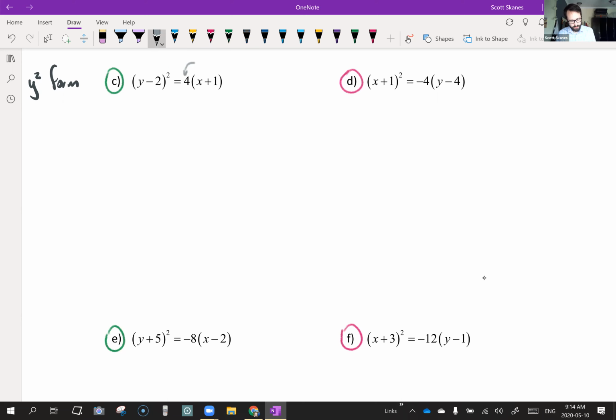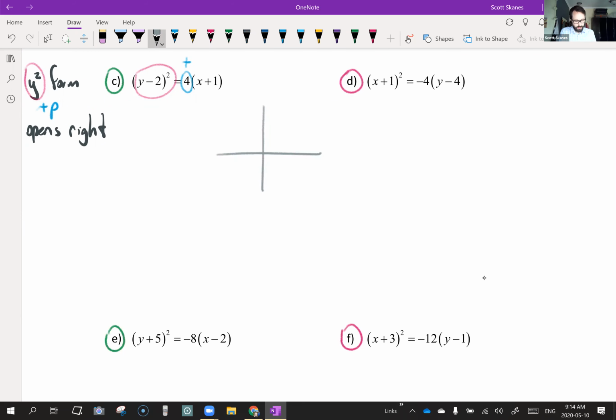This 4 tells us about our p value. We know it's positive. So let me color code it. This is a positive number. You can see that this is y squared form. That was positive. Positive p means that it opens to the right. Opens to the right. So I'm going to make a little sketch.